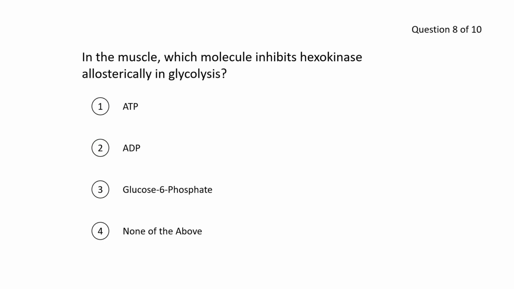In the muscle, the product of the reaction, glucose 6-phosphate, actually has a negative feedback mechanism where it inhibits the enzyme, which is hexokinase. If this was in the liver, it would be none of the above, because there's no such inhibition in the liver. So the answer is 3.